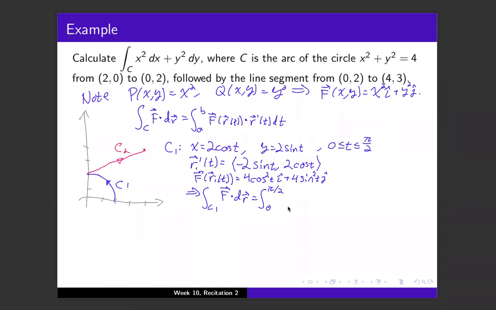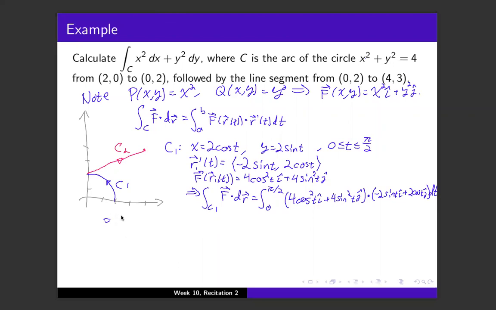of the dot product 4 cosine squared t i plus 4 sine squared t j dotted with negative 2 sine t i plus 2 cosine t j dt.